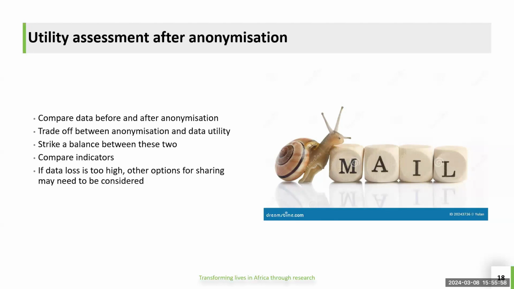So one of the uses is that it allows analysts to test out some analysis on that synthetic data without risking identification of individuals within the original data, because you've made up some fake data out of the original data.